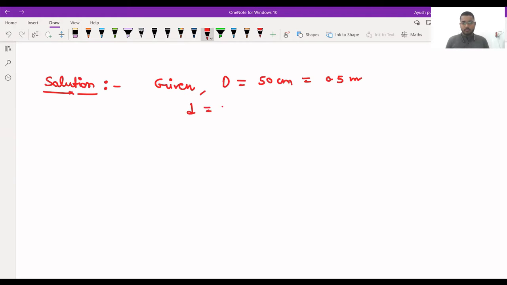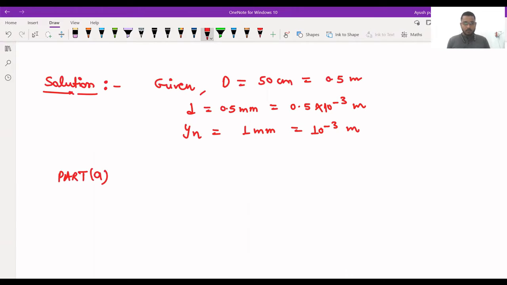Small d is also given, that is 0.5 mm. Let's convert this also into meter, so that will be 0.5 × 10^-3 meter. And y_n is also given, that is 1 mm, so that will be 10^-3 meter.